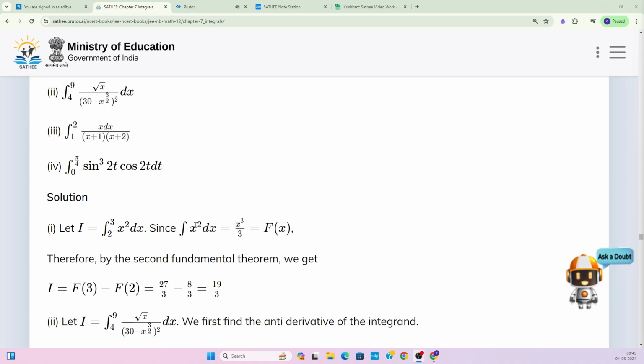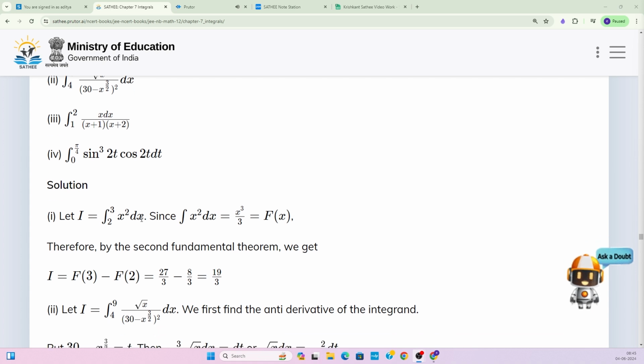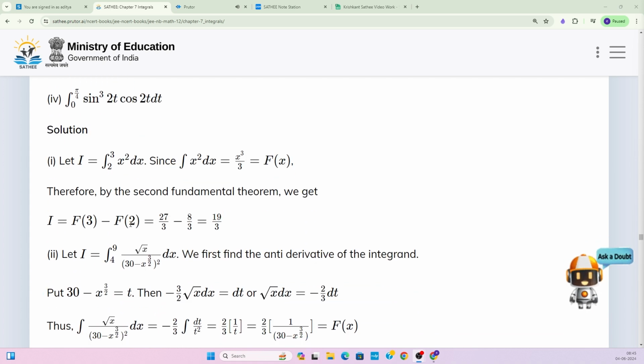You all know x³/3 will be the answer, so this is my capital F(x). Now the second step is F(3) minus F(2). So this means 27/3 minus 8/3, which means 19/3.